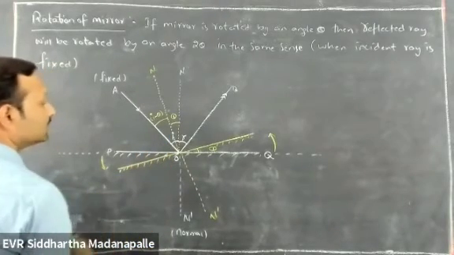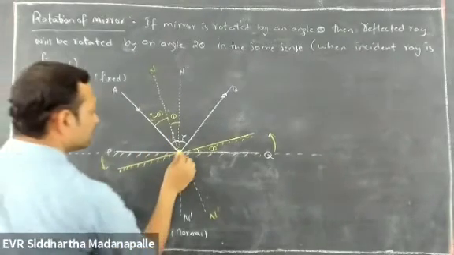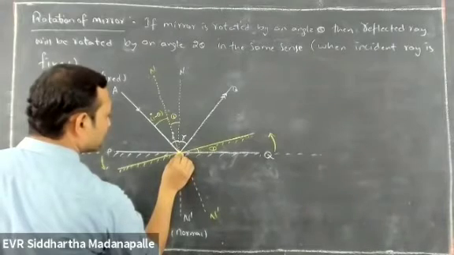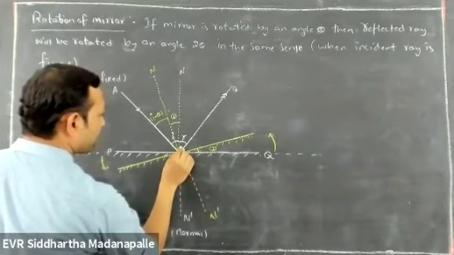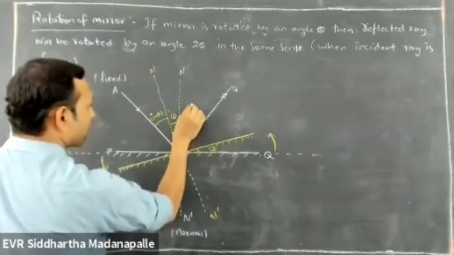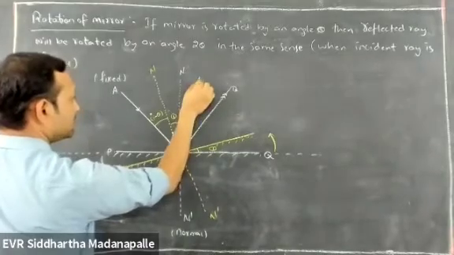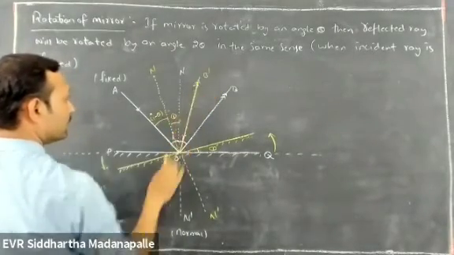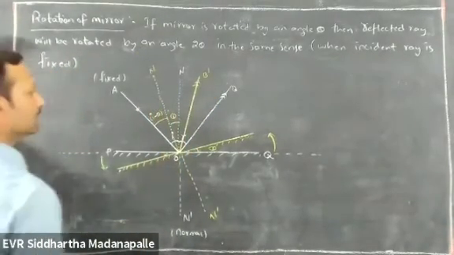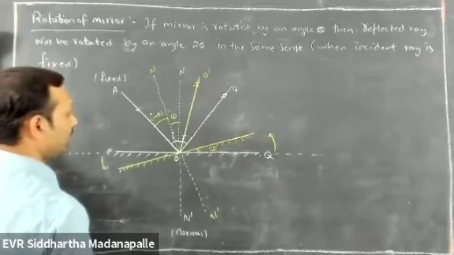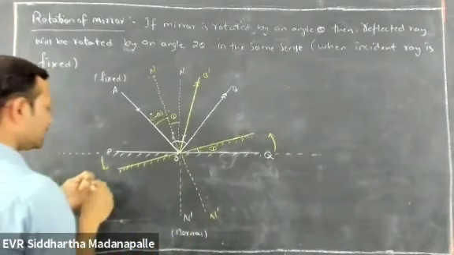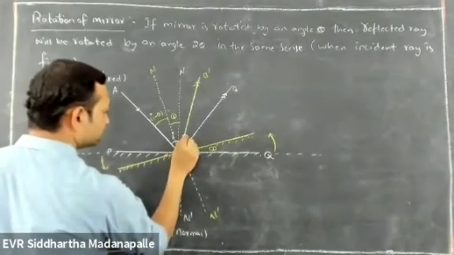Because after rotating the mirror, the reflected ray has changed its position to OB prime. Now what is the new angle of reflection?